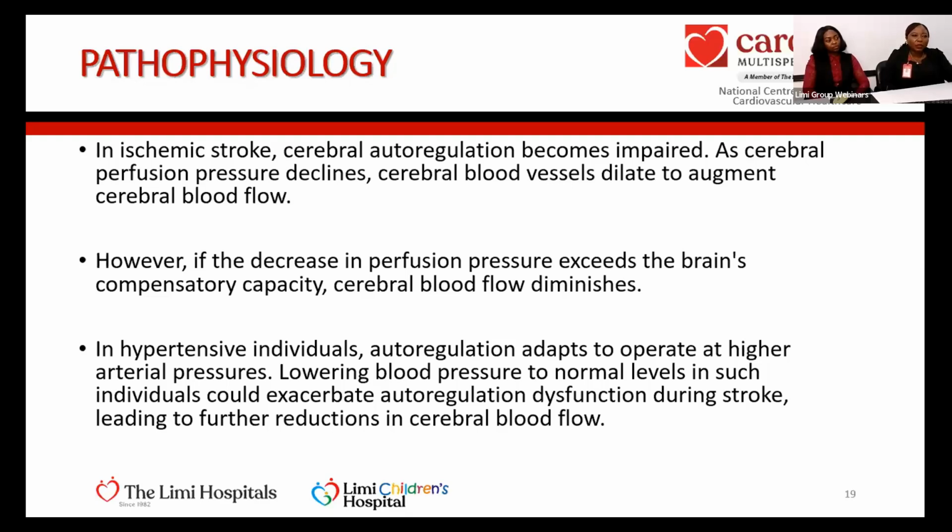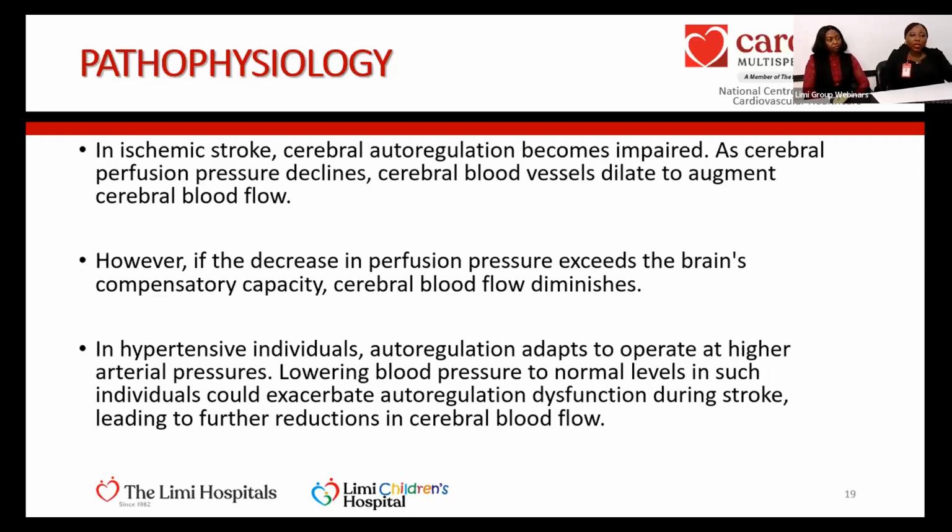once that compensatory capacity is exceeded due to high blood pressure, because the blood pressure gradually starts increasing, the brain can maintain perfusion, but when it gets to a particular point, it can't tolerate it anymore, then there's reduced blood flow to that segment of the brain. So in hypertensive individuals, autoregulation adapts to operate at a higher arterial pressure.